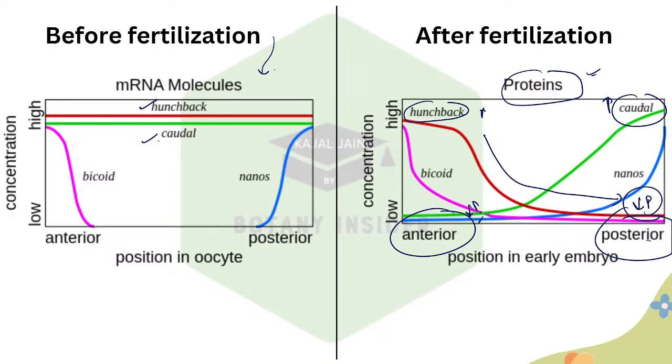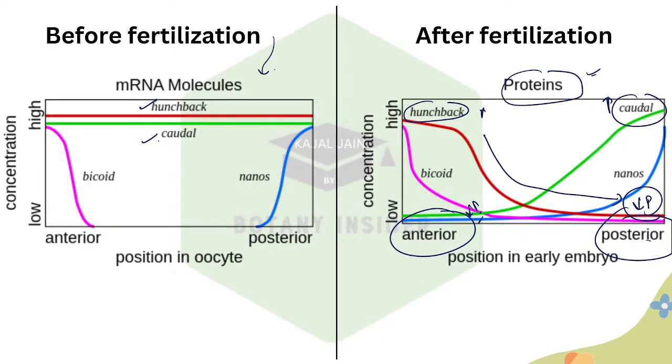Yes, understood till here? Before the fertilization, you can see the hunchback and the caudal in higher concentration. But after the fertilization, you can see the hunchback being higher on the anterior side, and on the posterior side you can see a dip in the concentration of the hunchback.